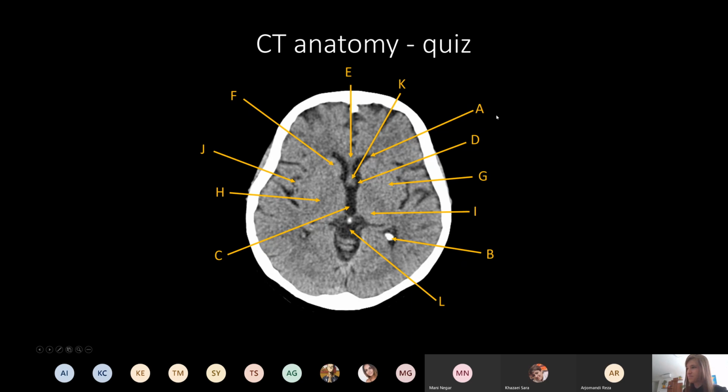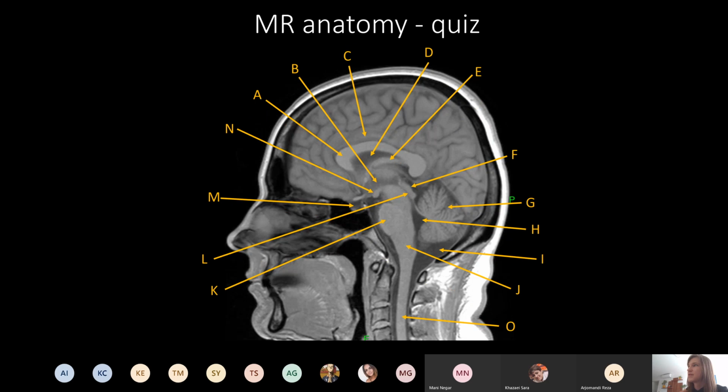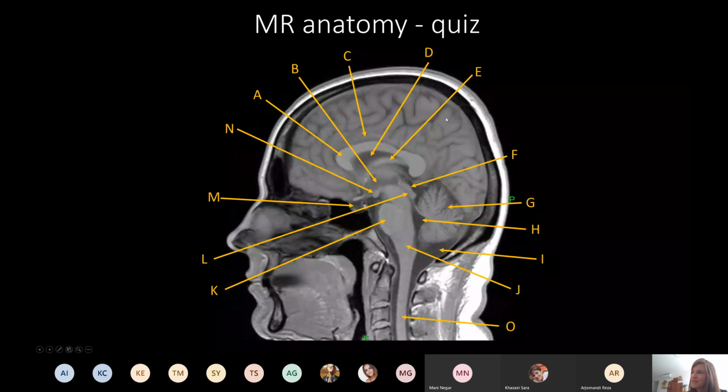So that's it for the CT scan, just one slice. There is an MR scan, a sagittal T1 weighted image. Again, your turn. What is A? This is easier. Corpus callosum. Yes.